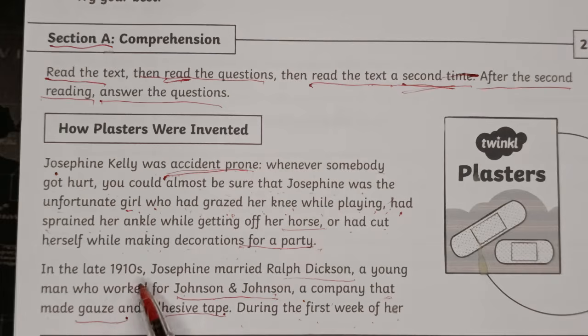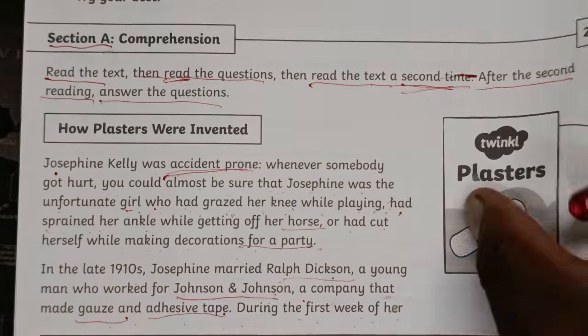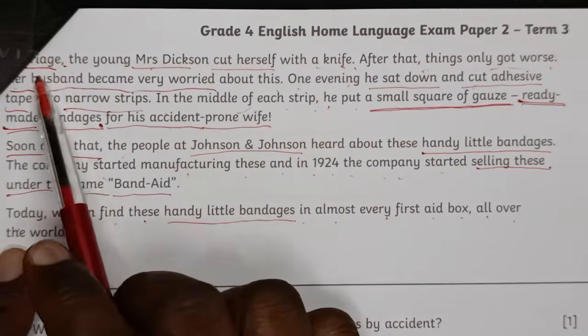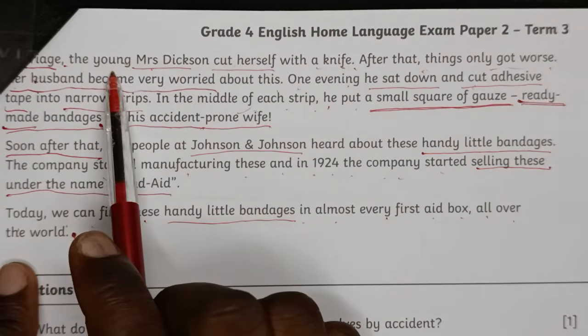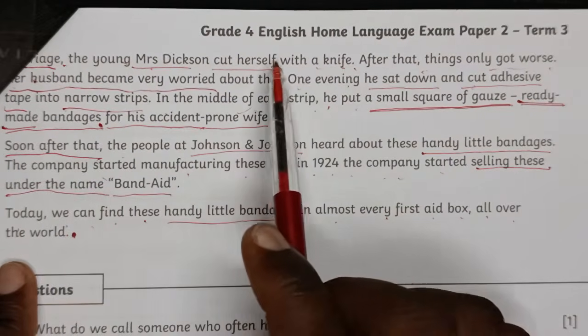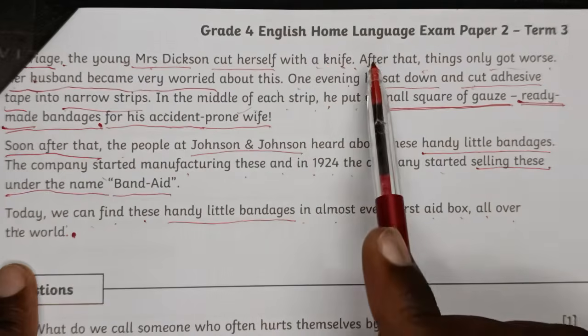In the late 1910s, Josephine married Ralph Dixon, a young man who worked for Johnson and Johnson, a company that made gauze and adhesive tapes. During the first week of her marriage, the young Mrs. Dixon cut herself with a knife.